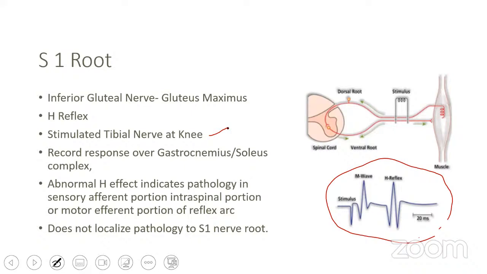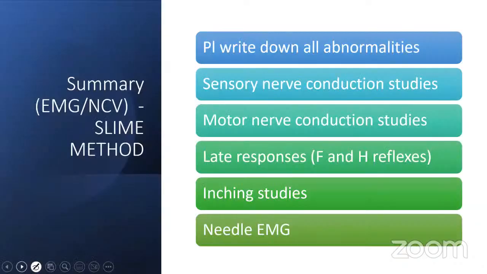It does not localize pathology to the S1 root, it only shows that there can be an abnormality. The pathology can be in the afferent sensory, intraspinal, or motor efferent portion of the reflex arc. We'll study more about the S1 root and subsequent things.